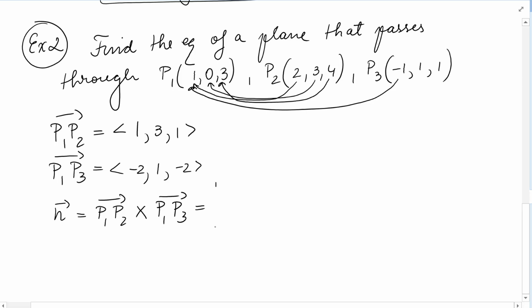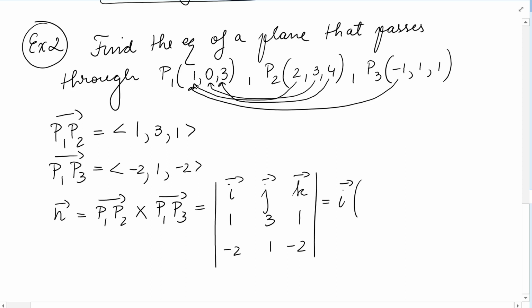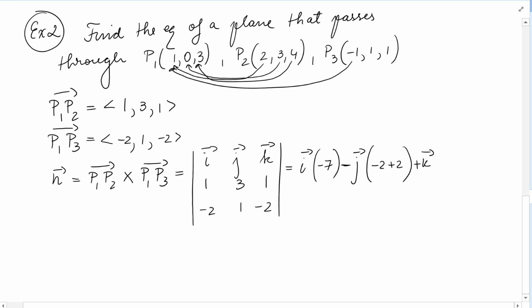So we get i, j, k, we're calculating the determinant, and then we put 1, 3, 1, and negative 2, 1, negative 2. So we get i times, if we cross out, negative 6 minus 1, that's negative 7, minus j, this minus is from the definition, and then negative 2 plus 2, and then plus k, and that gives us 1 plus 6.